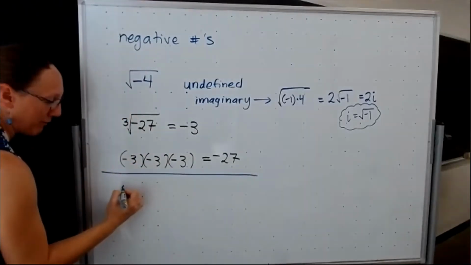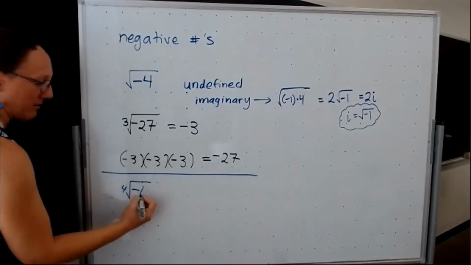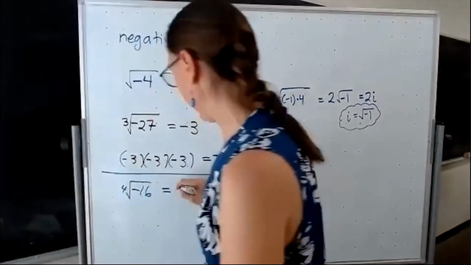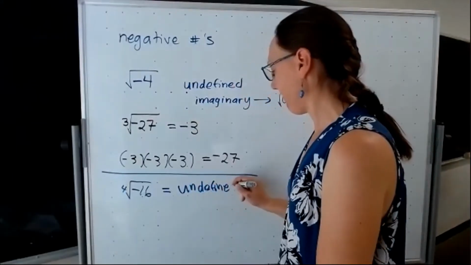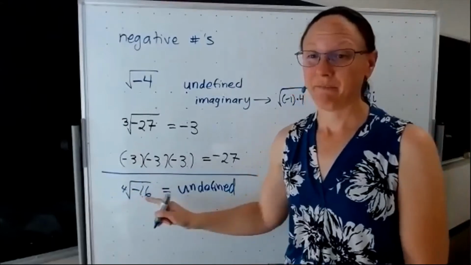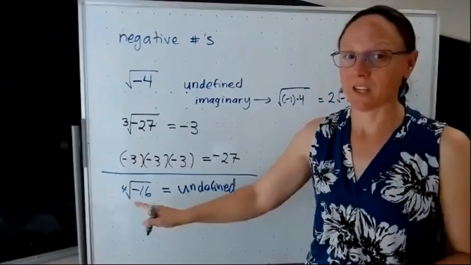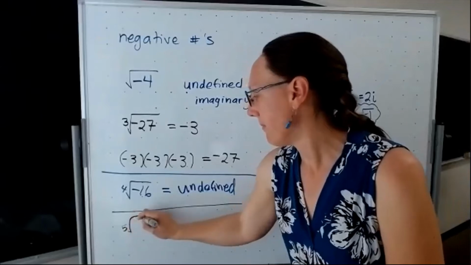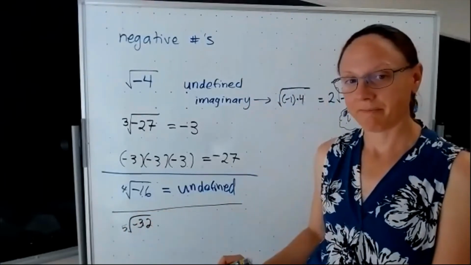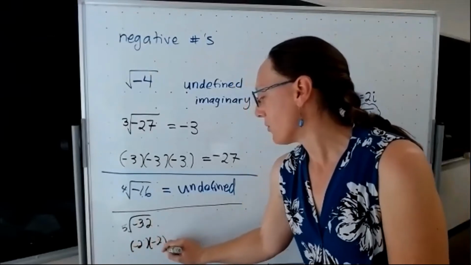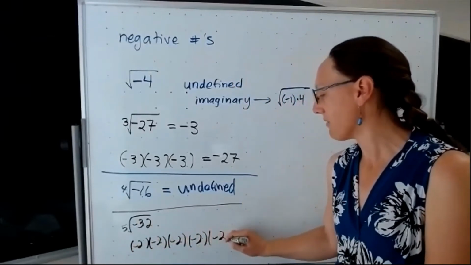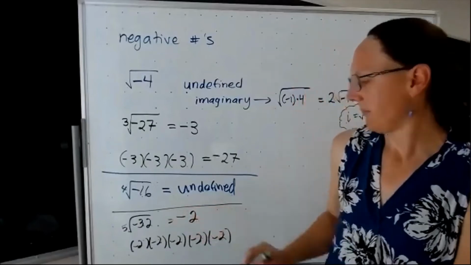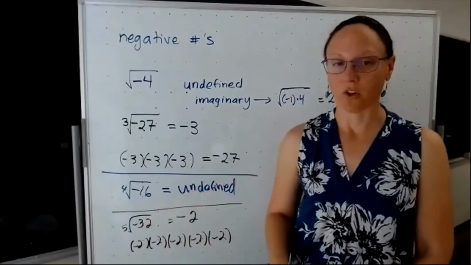So if I said the 4th root of -16, this one, undefined, because I can't take a number multiplied by itself 4 times and end up with a negative. 5th root, totally fine, because -2 times -2 times -2 times -2 times -2 gave me a negative number, and 2 times 2 times 2 times 2 times 2 gives me the 32.